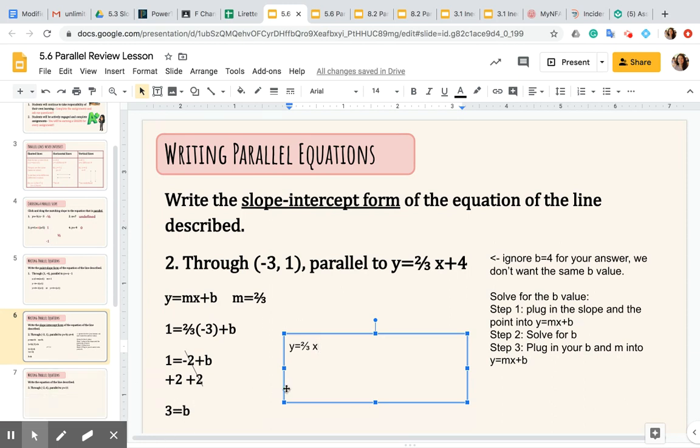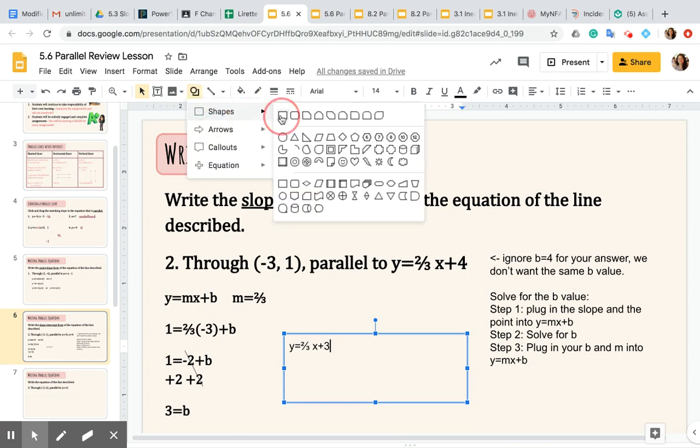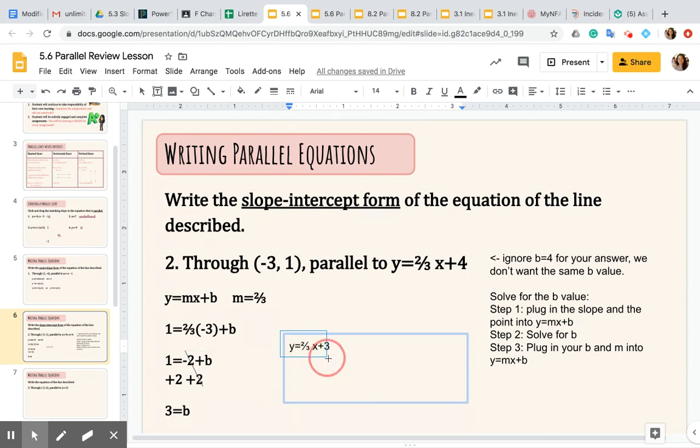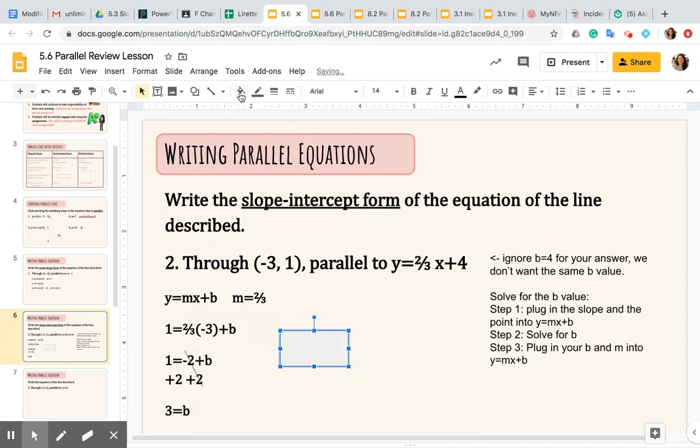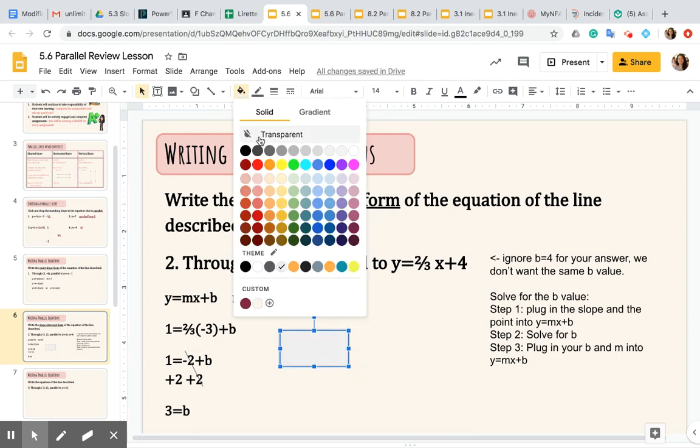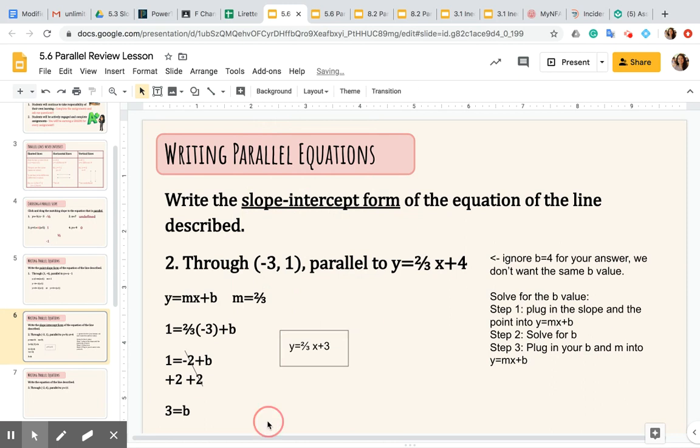It's +3, so I'm going to write plus 3. Here's my final answer. I'm going to draw a little box around it to make it nice and obvious. I'm going to make it see-through so we can actually see the answer. All I do is I click this little bucket and click transparent. And voila, I've got a box around my final answer.